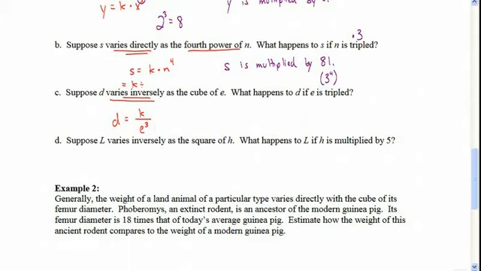Remember, since this is inverse variation, whatever happens to x, or in this case e, the opposite happens to y, or in this case d. So we would say d is divided by, and if it's tripled, that means e is being multiplied by 3, so this is going to be divided by 3 cubed, or 27.